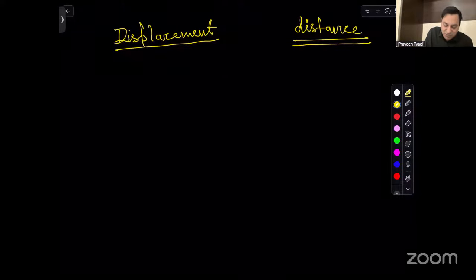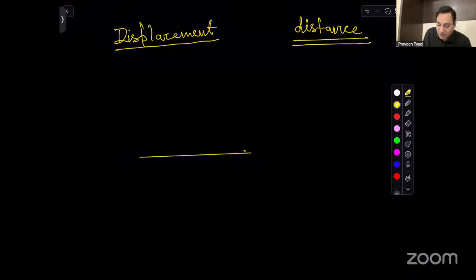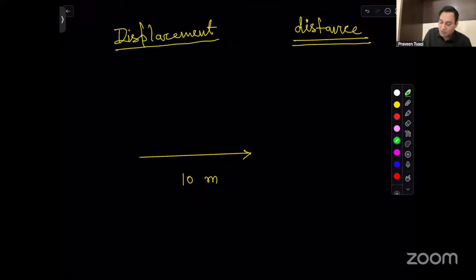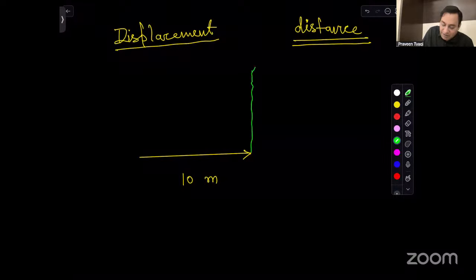Just please observe. Suppose I moved from here to here, which is 10 meters. This is suppose X direction, and then I moved in the Y direction, and that was 15 meters.